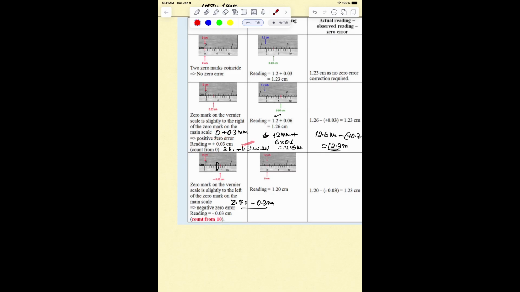Now, follow the same kind of method here also. The zero of the Vernier scale in this case is after which division of the main scale? It is after minus 1, because it is before the zero of the main scale. The minus 1 may be marked in the main scale, or sometimes it may not be marked.